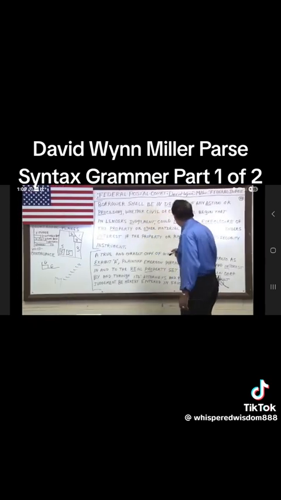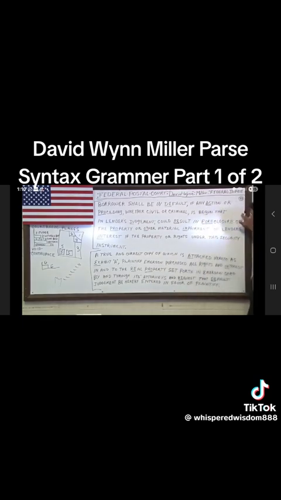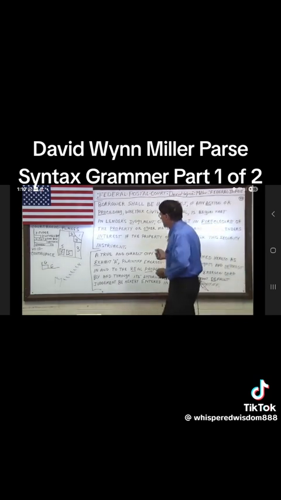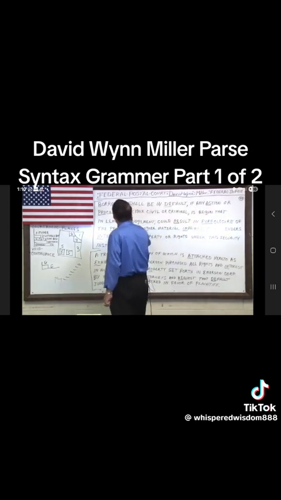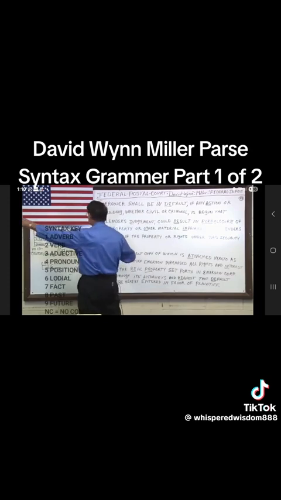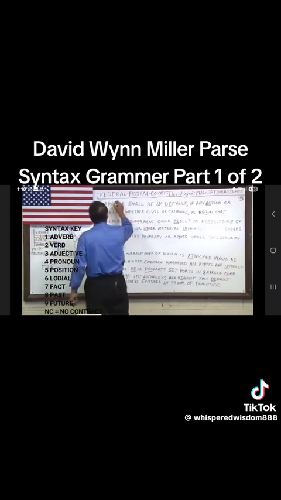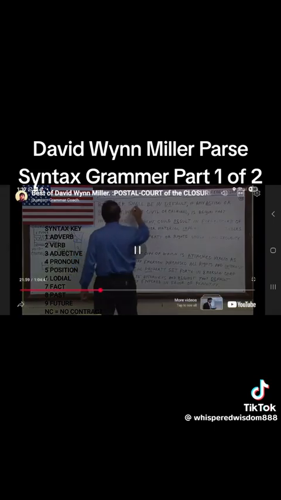So what we're going to do here is we're going to take this first sentence. This comes from the Fannie Mae Freddie Mac mortgage. It's on page 12 of the mortgage. And it contains 43 words. And I'm going to go ahead and syntax this using the number system on the chart here. Now, borrower is going to be a pronoun.